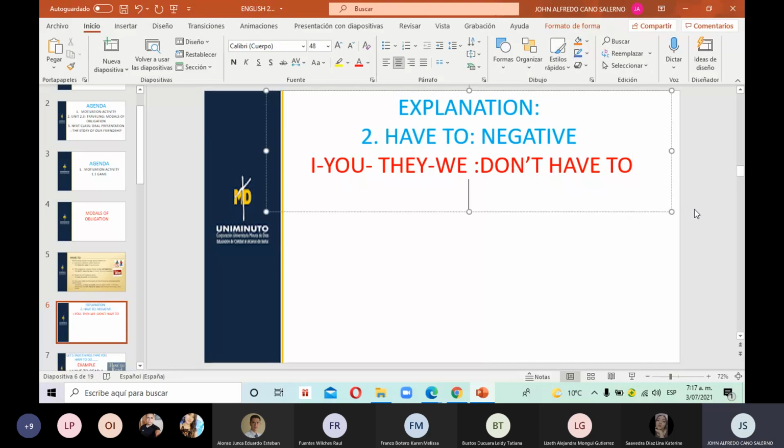He, she, and it with doesn't have to. Okay? For example, he doesn't have to. It's like él no tiene que. She doesn't have to. Ella no tiene que. It doesn't have to. Eso no tiene que. Example.